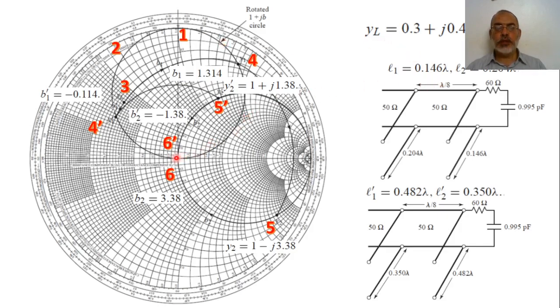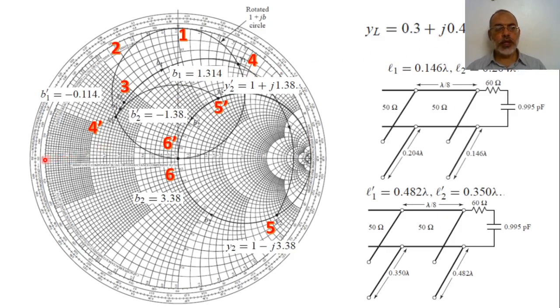Actually, lambda by 8 means that the diameter here would be exactly normal to the real axis. So the first step is to draw the diameter of the rotated 1 plus jB circle. Then the second step is to draw the rotated 1 plus jB circle itself. The third step is to allocate the load admittance on the Smith chart. The load admittance was 0.3 plus j0.4.